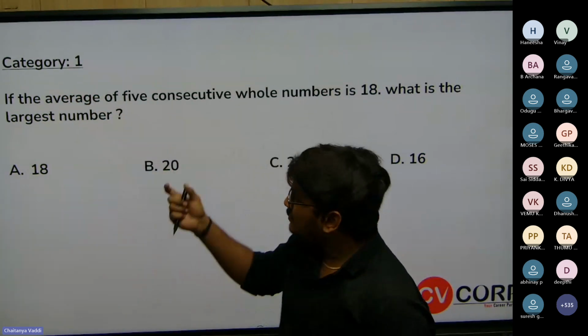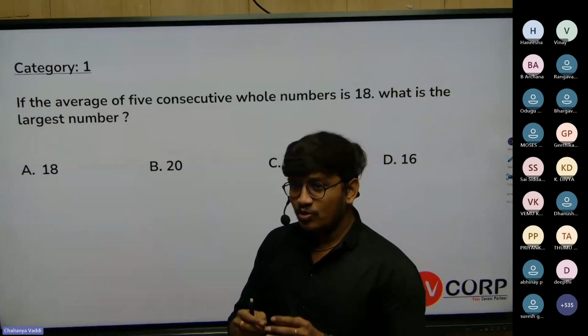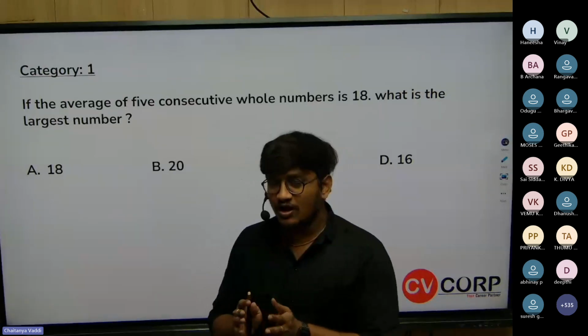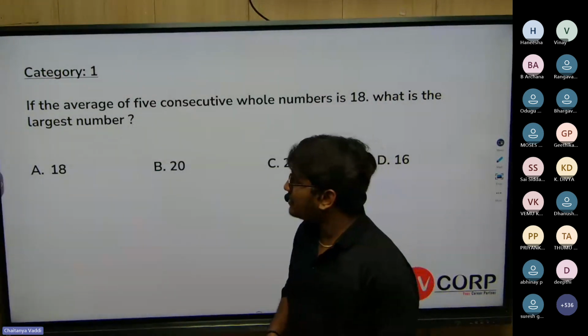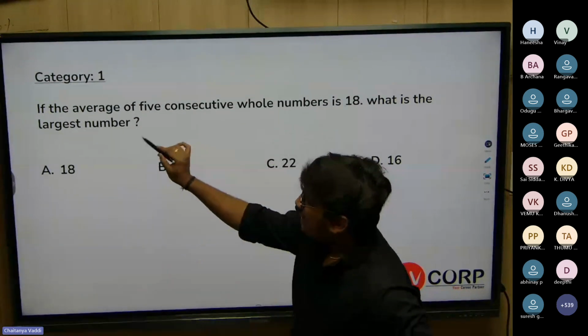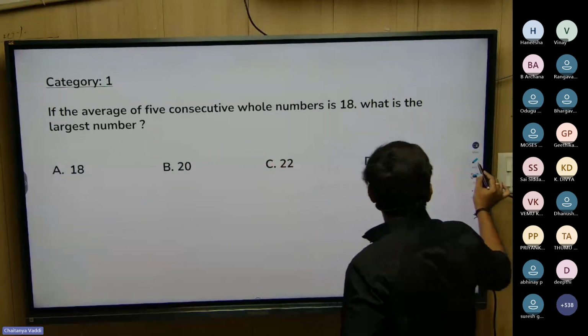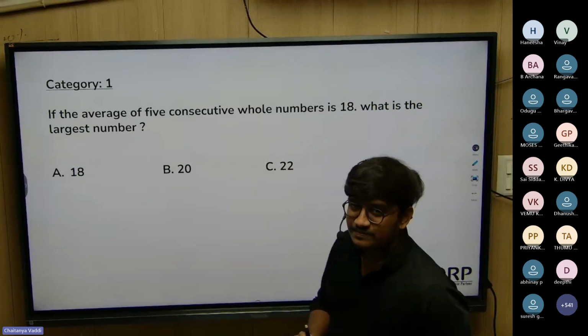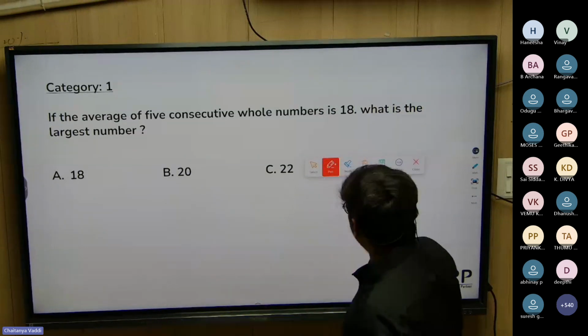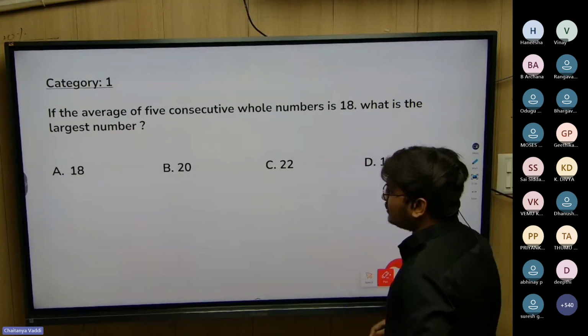If I consider this particular example, how will a student basically solve this question? Let's say the average of 5 consecutive whole numbers is 18, what is the largest number? This is what the question is asking.